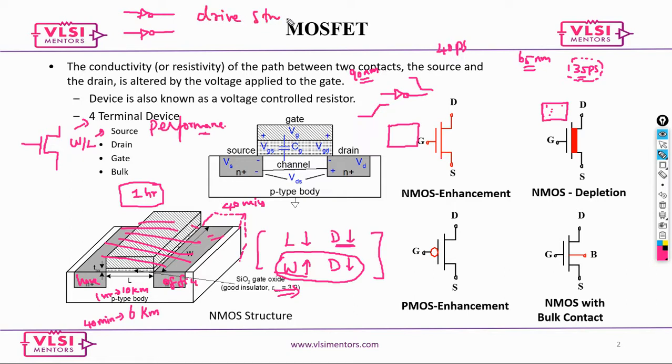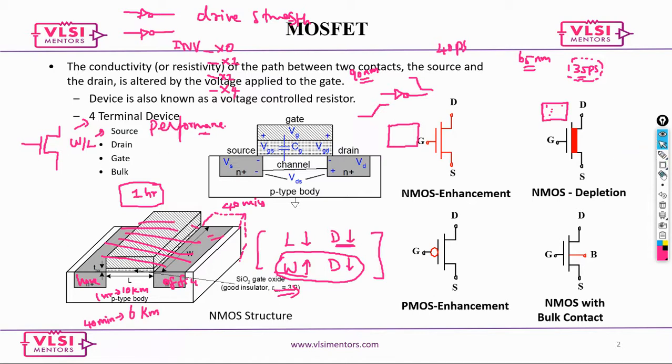Just write down what the meaning of drive strength is. You will have INV, inverter underscore x0. Now there would be something called x1, x2, and x4. Okay, what is the meaning of this?